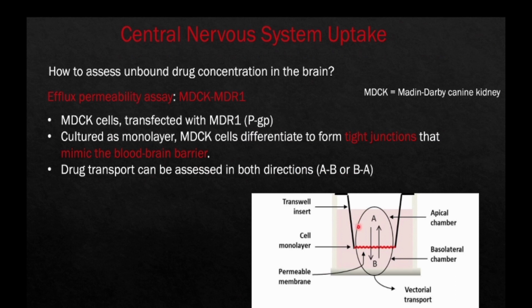So we can assess from A to B, from the top of the chamber, so this is essentially a transwell chamber, and then from the bottom of the chamber back into the apical chamber.